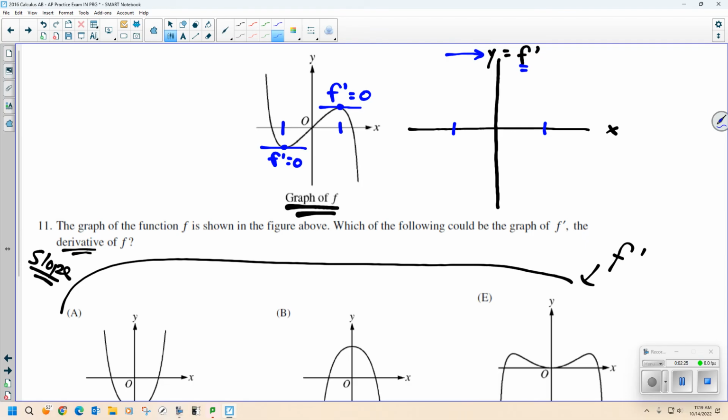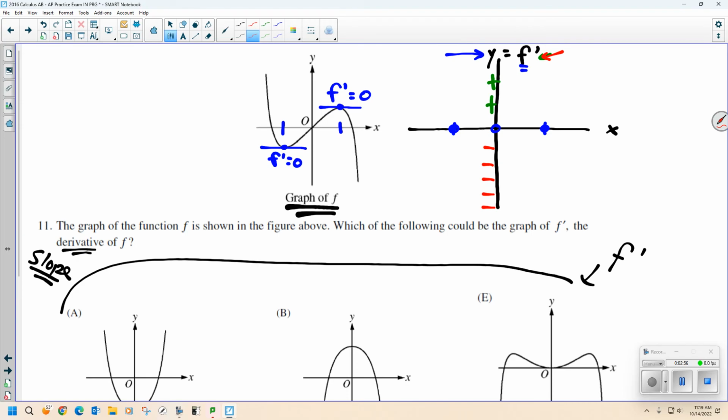If I have a y value of 0, that's an x-intercept. It should be touching the x-axis. Above the x-axis are all positive values for y, which means I should have positive slopes. Below my x-axis are all negative y values. So that's where my negative derivatives will be.